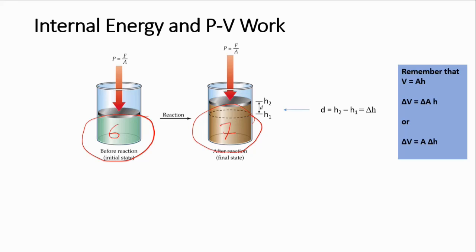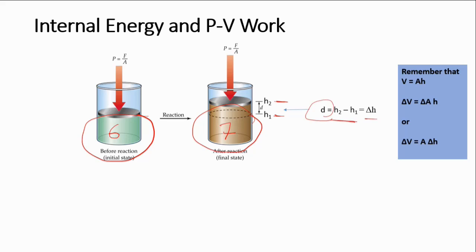Clearly, if you started with 6 moles and the reaction created 7 moles in total at the end, then it is clear that the cover of the piston would move upwards. It would travel from an initial height h1 to a final height h2, the difference between which is called delta H and is equal to the distance d traveled by the cover.